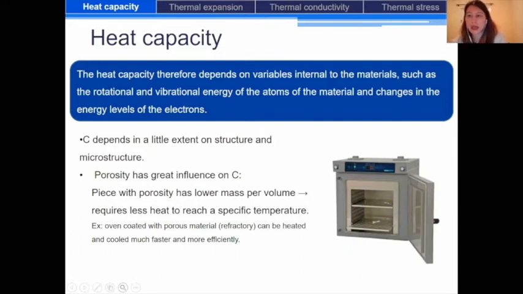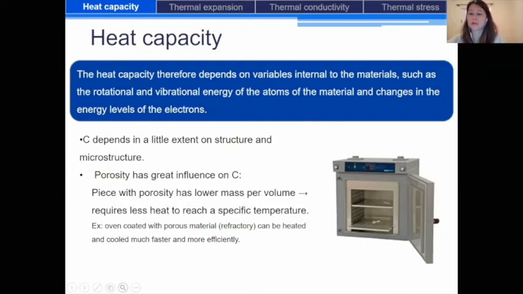Porosity is a volume defect that has a great influence on the heat capacity, because structures with porosity have lower mass per volume than a bulk material without porosity. So it requires less heat to reach a specific temperature in porous materials.